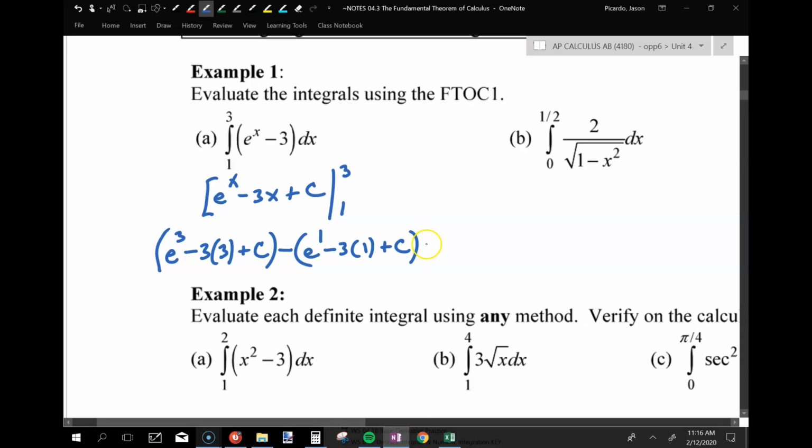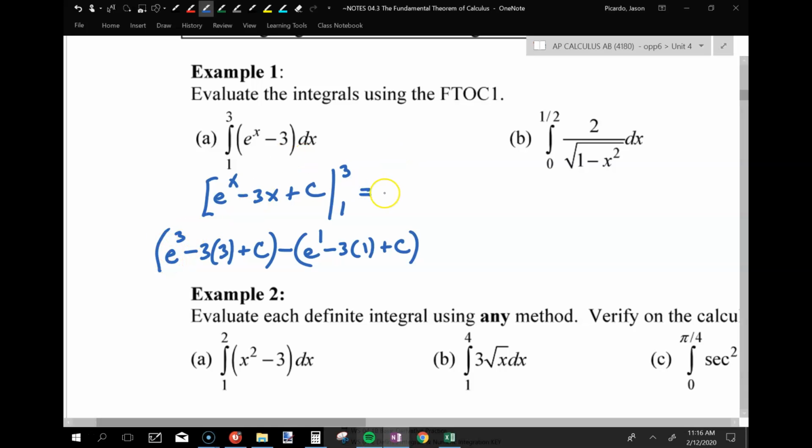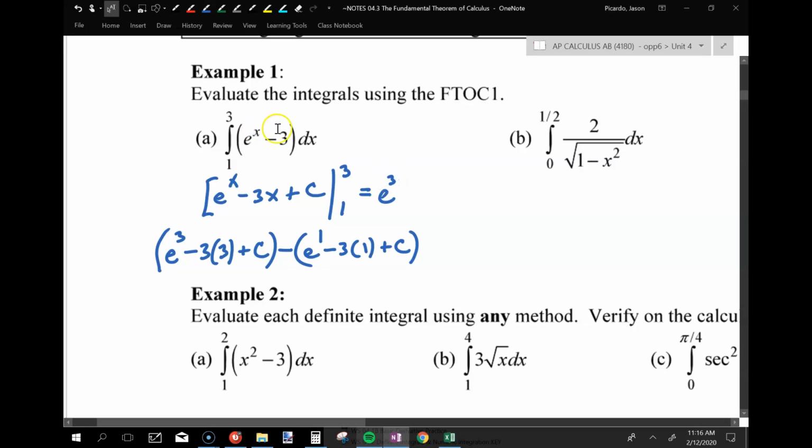And what do I get as a final result? Well, I get an e cubed, I get a minus e. I get a negative 9 and a positive 3, so minus 6.